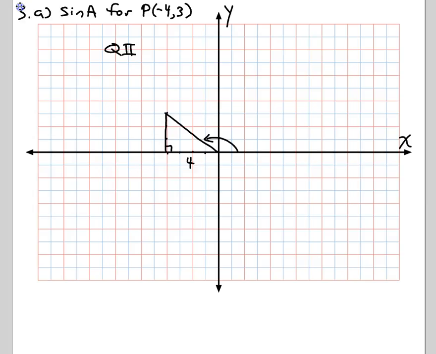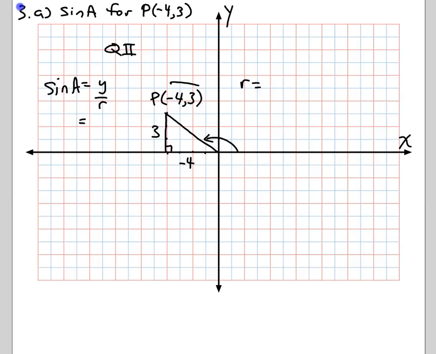That's going to be -4 along the x-axis. This is going to be 3. Our point we label up here, and then we apply our coordinate definition. Sine is, again, y divided by r. So the only thing we don't know yet is the length of r.